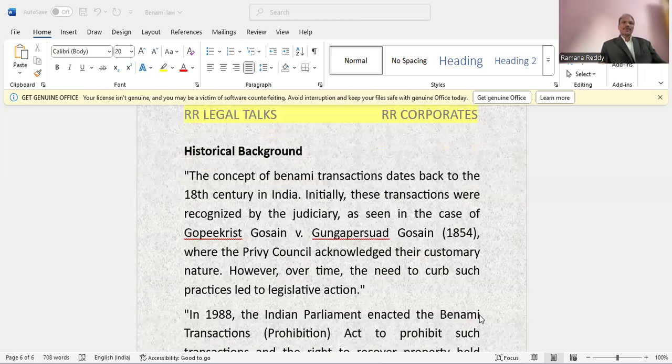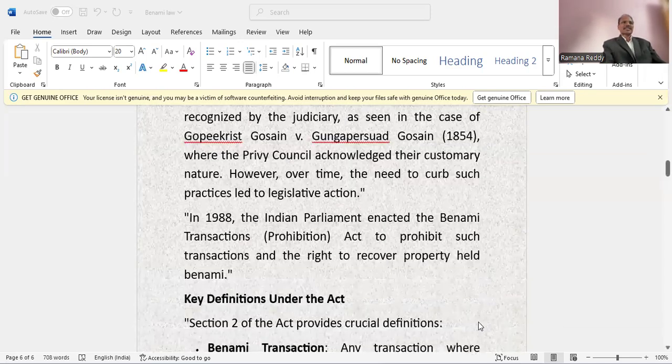However, over time, the need to curb such practices led to legislative action. In 1988, the Indian Parliament enacted the Benami Transactions Prohibition Act to prohibit such transactions and the right to recover property held benami.